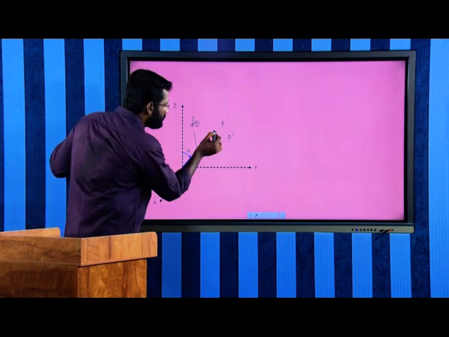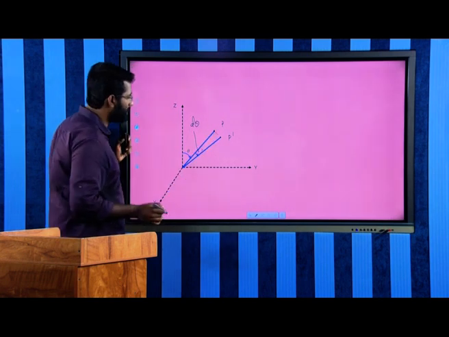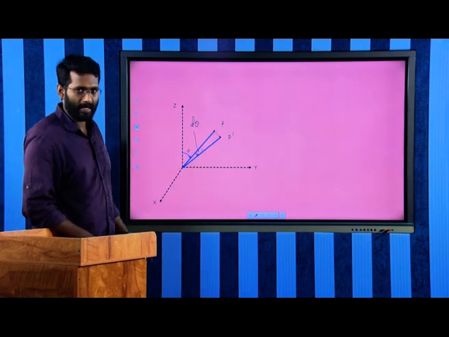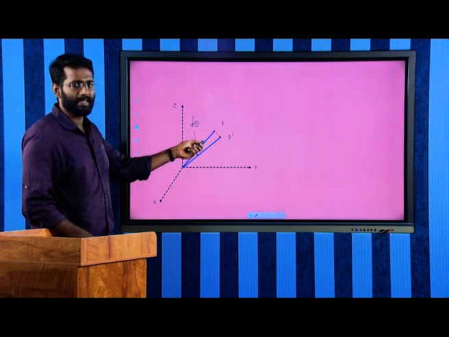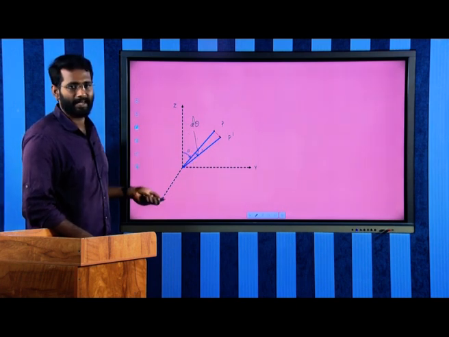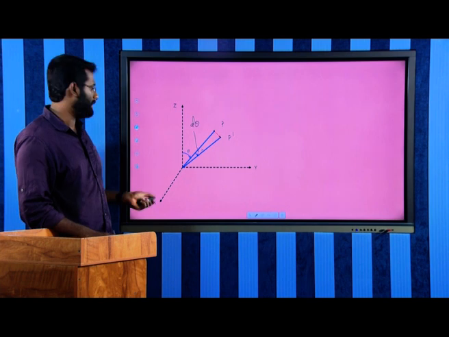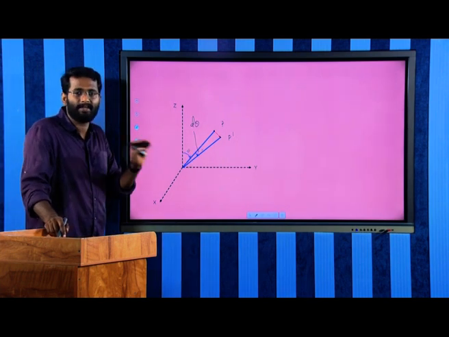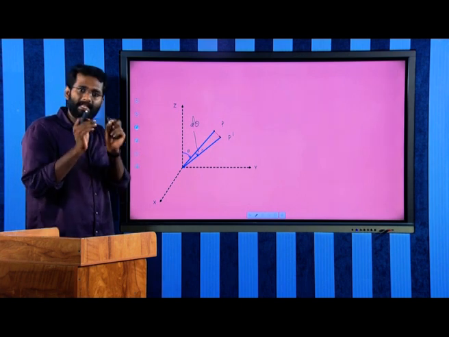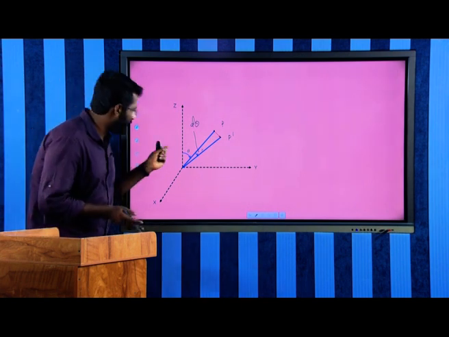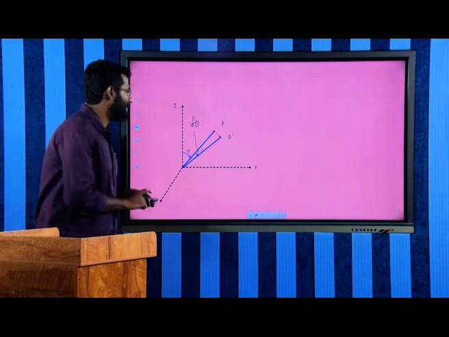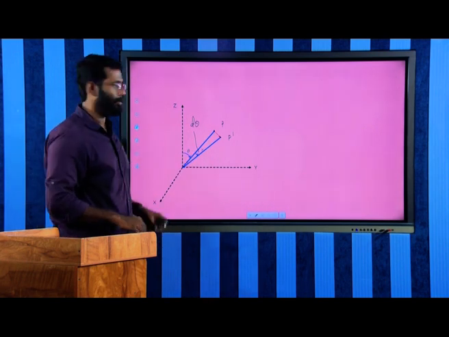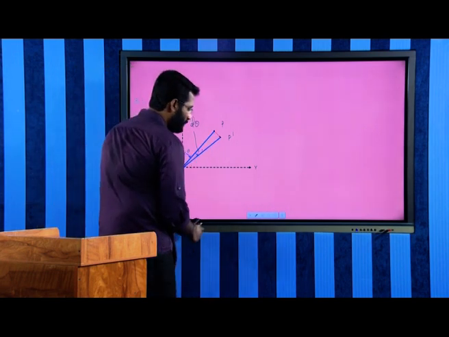Now, I can connect these two with a vector, and that vector is the corresponding line element due to the variation in theta. Here you cannot say that d theta is the line element, because d theta is not a length, it is an angle. So, corresponding to that angular change, there will be a linear change, and that has to be found out.